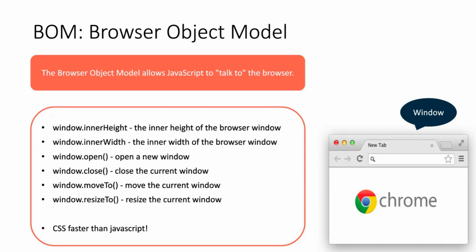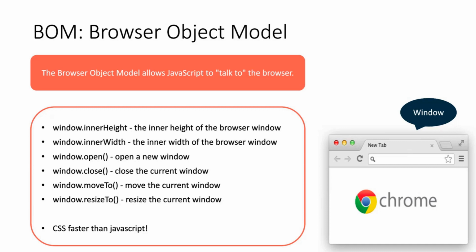Whereas in BOM, we can write JavaScript code to even open another tab and do something there. The best use case is to resize the current window according to the device. But note that CSS does this faster than JS, so it's better to use CSS in place of resizing the window.